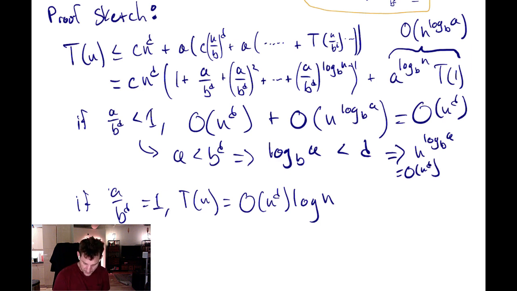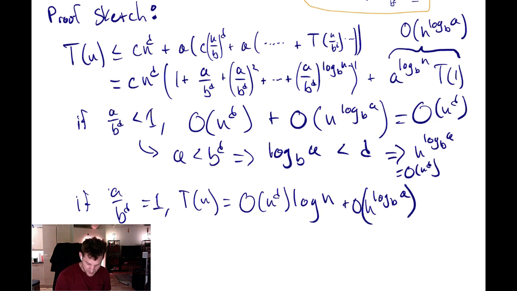And similarly, you'll notice that we have to include this plus O of n to the log base b of a, which comes from this term over here. We can't forget this term. But n to the log base b of a, thinking back to the last case, log base b of a is actually equal to d.